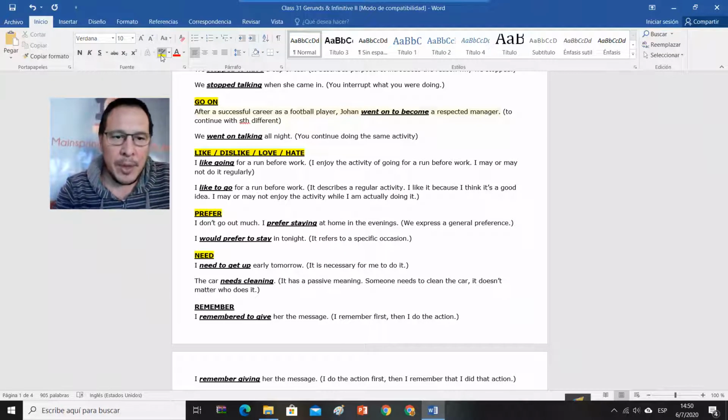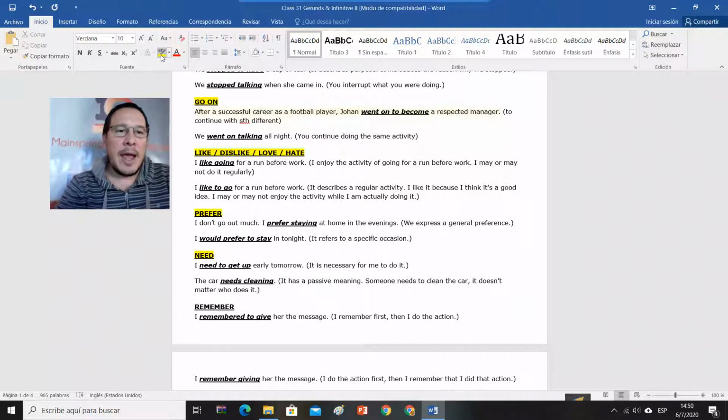The car needs cleaning. Check that the explanation here says it has a passive meaning. Someone needs to clean the car. Since it is a passive meaning, it is necessary that the car is cleaned. It doesn't matter who cleans it.